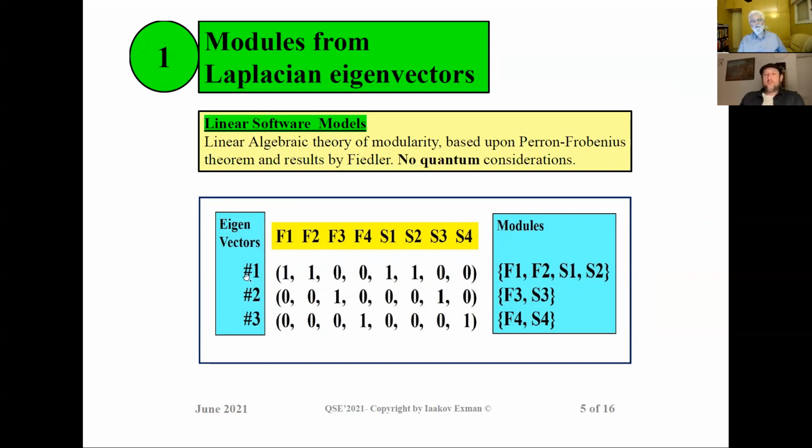The first eigenvector has indices 1, showing F1, F2, S1, and S2 as labels of this 2x2 module. The next eigenvectors are 1x1 modules: F3 and S3, F4 and S4.